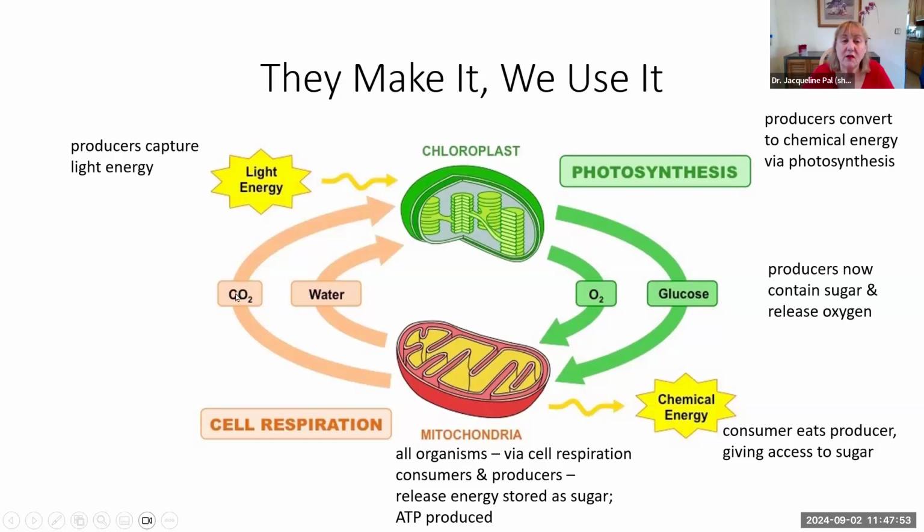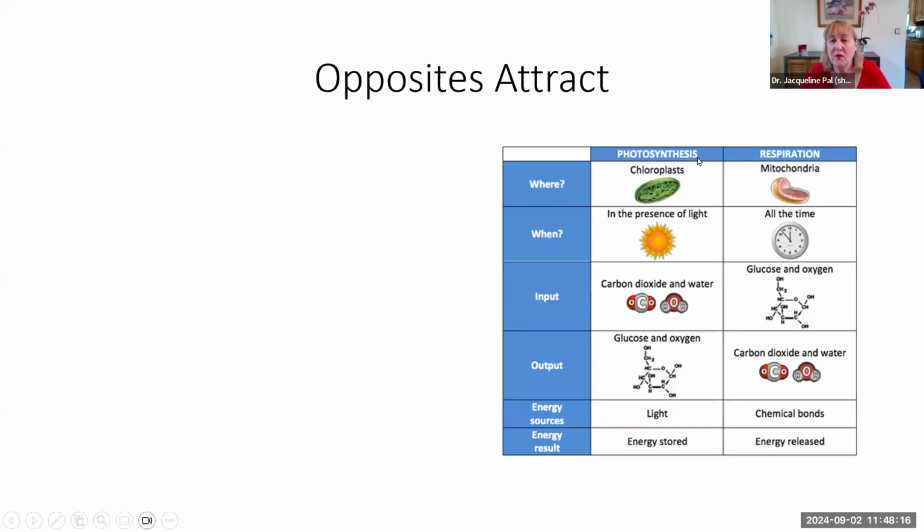And those plants are going to take that carbon dioxide and that water, as well as the light energy, and in the chloroplast, through the process of photosynthesis, make glucose and have the waste product of oxygen. And you see now we have this circle going around and around and around.